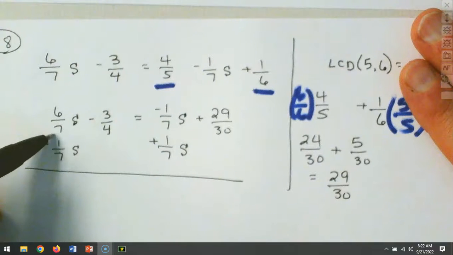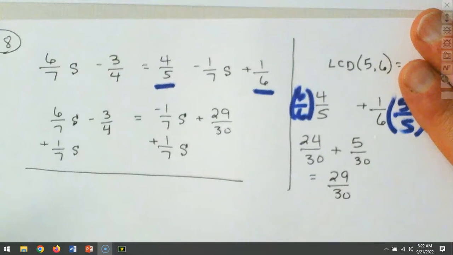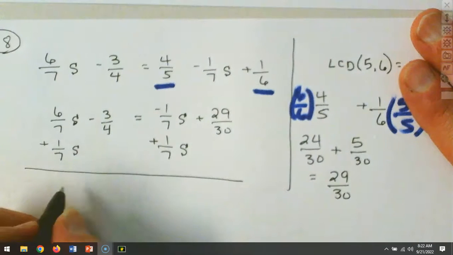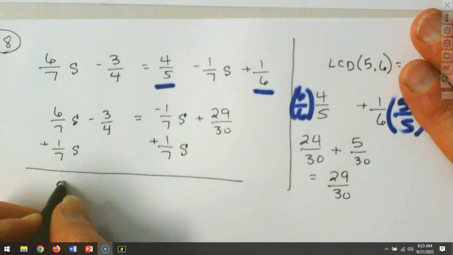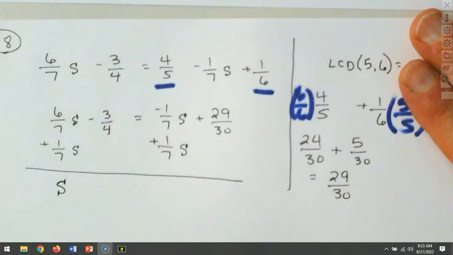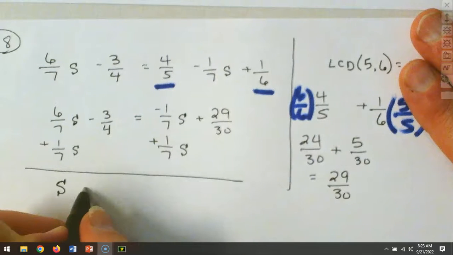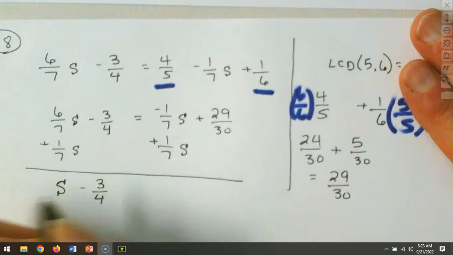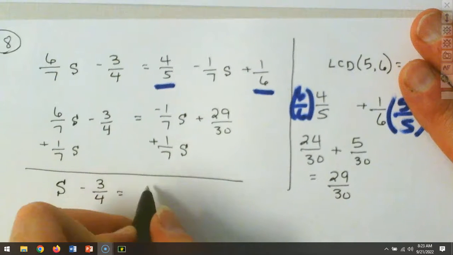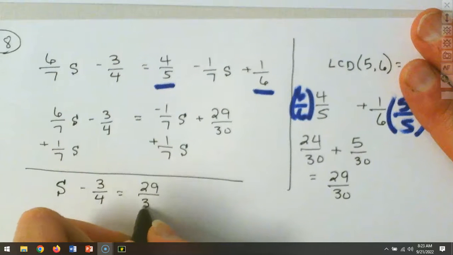So they can go together. 6 plus 1 makes it 7. 7 over 7 is a single 1. So that's going to come out to be an s there. 6 sevenths and another seventh makes it 7 sevenths, which is 1. And then we still have the minus 3/4. And that equals 29 over 30.